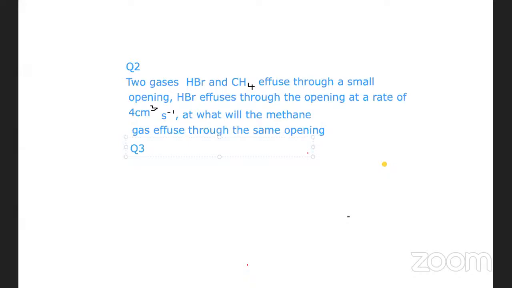Then in your slide, you asked us to calculate the root mean square velocity of chlorine gas, but you did not convert the molar mass of chlorine gas, though it was the same parameters. Did I solve it? Yes, ma, it was solved in the slide.